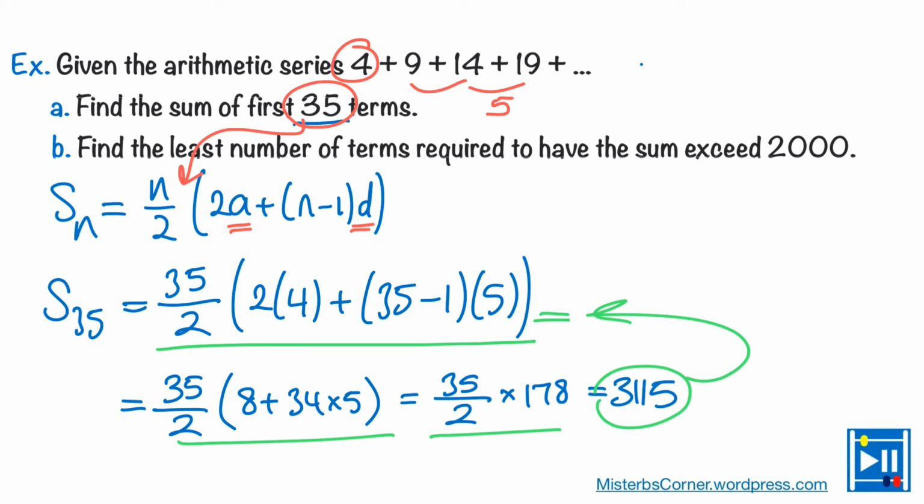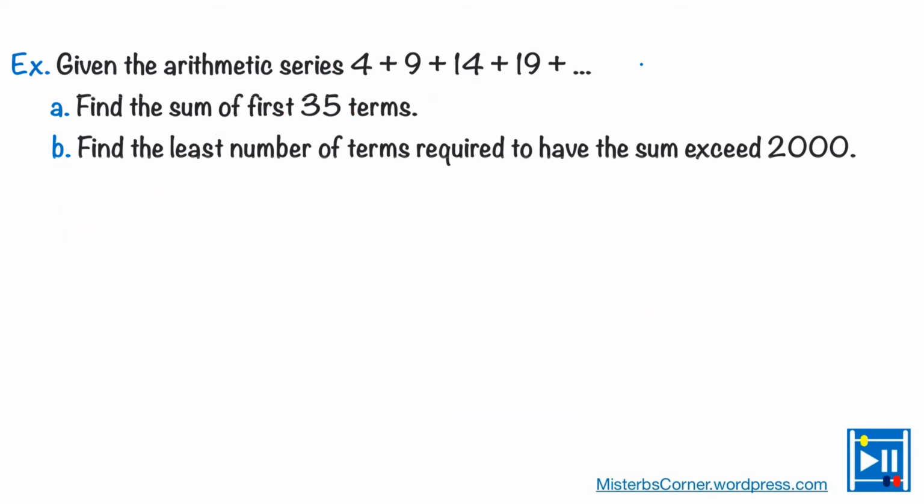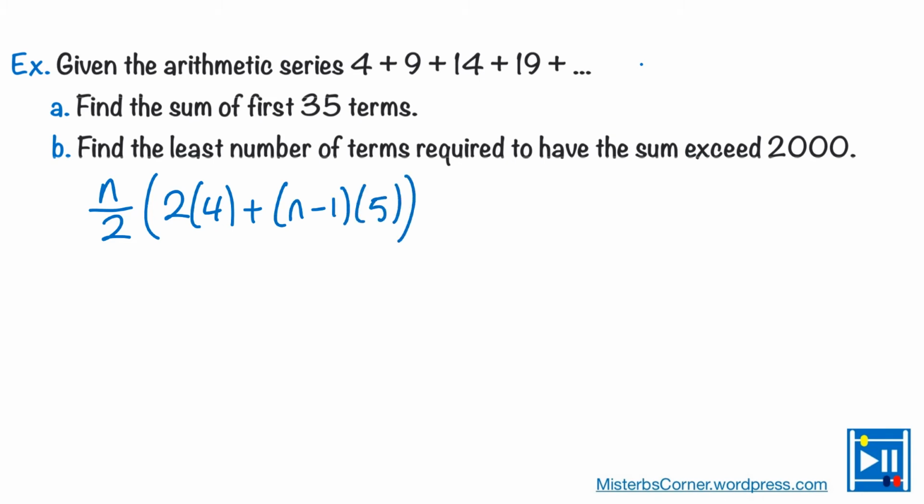Now let's go with part B. So we are looking for the number n, all right, which is going to be the least number possible so that the sum will exceed the given number, which is 2000. So this must be bigger than 2000, right?